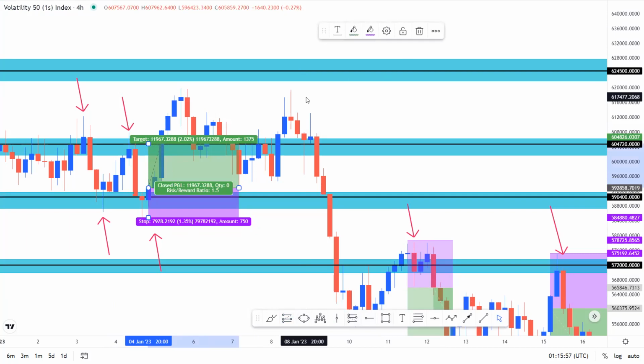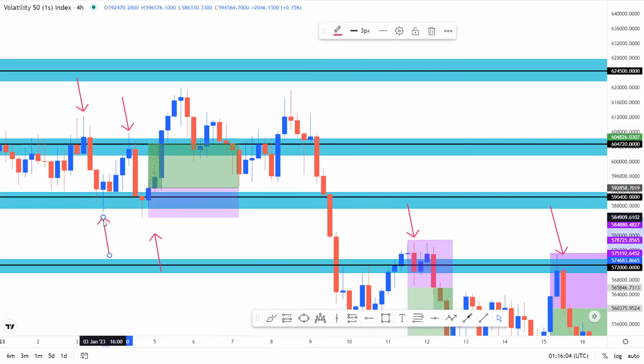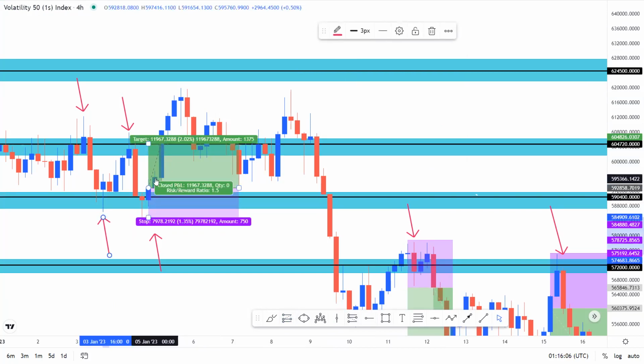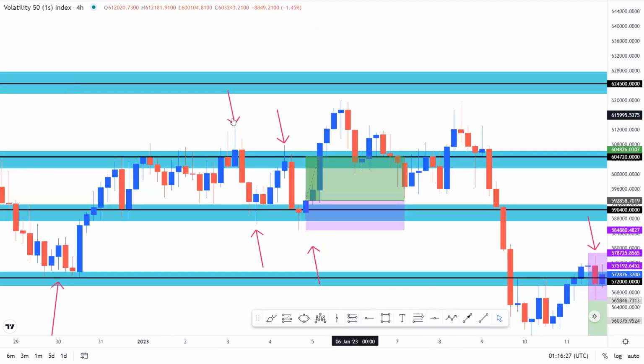As you can clearly see, price immediately rallied away from the level after we had the engulfing. So this is a clear example of a combination of both the rejection and the momentum candlestick, also called the engulfing. Price gone.